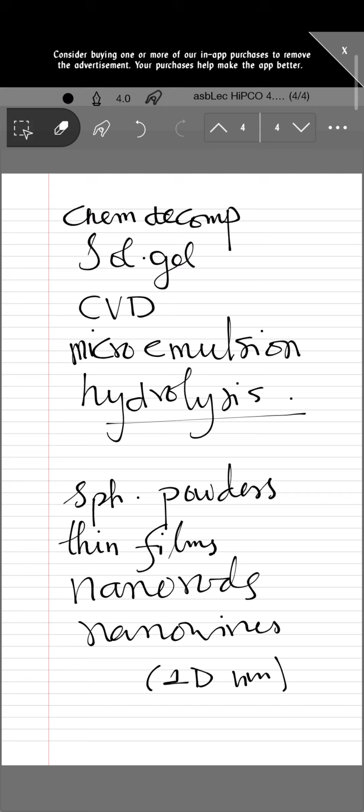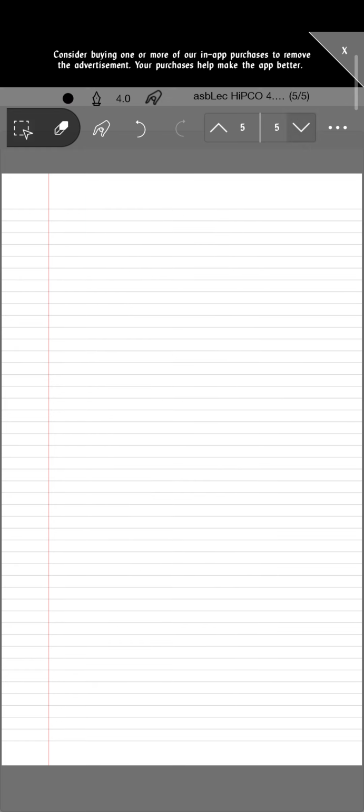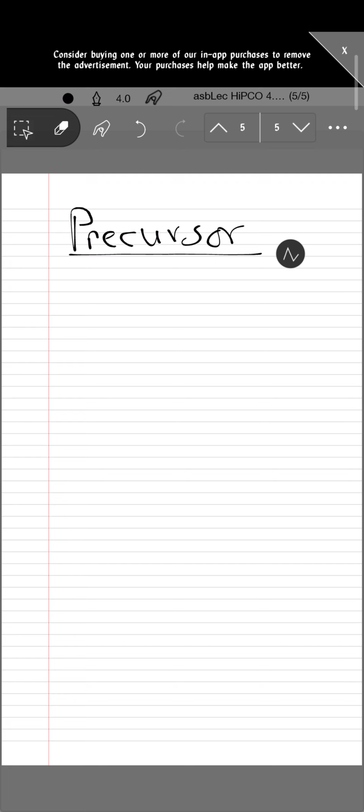Now, if you concentrate on the synthesis methods, especially the chemical methods, a very obvious requirement for producing titania by chemical methods is having a suitable precursor or the starting material. Now, this precursor can be different for different methods.